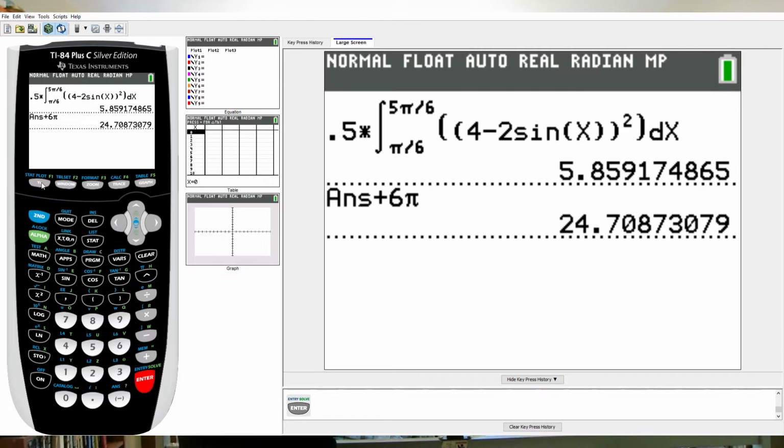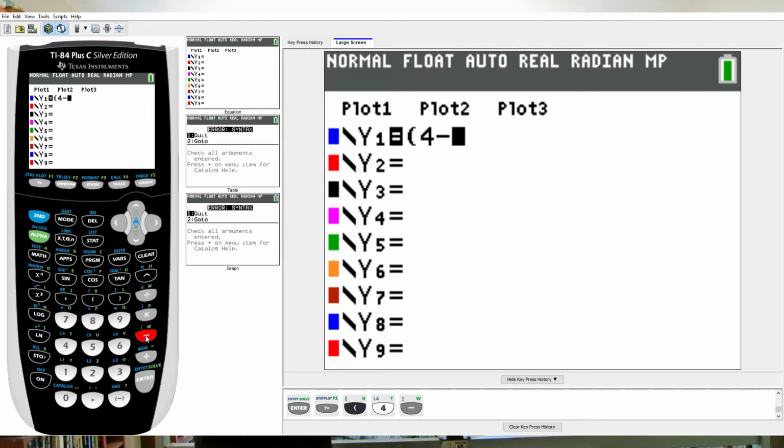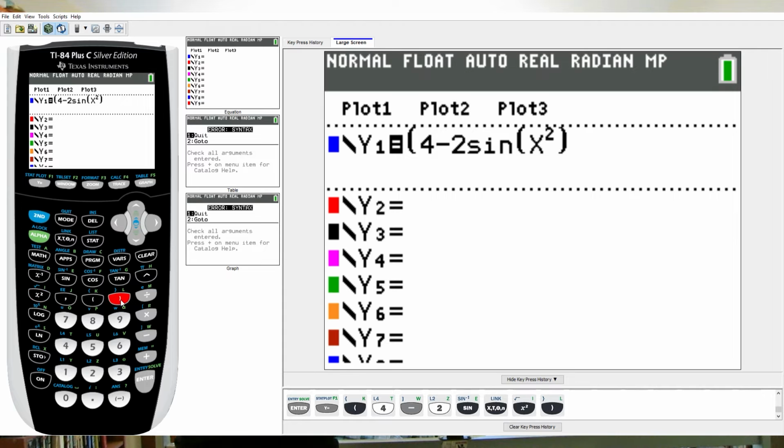Now how am I going to do this? I'm going to plug in y equals, not in polar mode, this function here. I'm going to have to use x for t. So it's going to be 4 minus 2 sine of x squared, all times cosine of x squared.